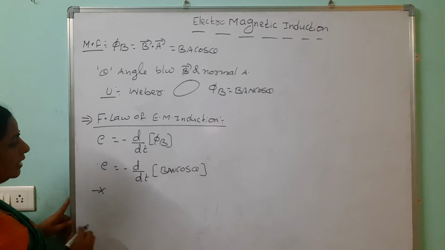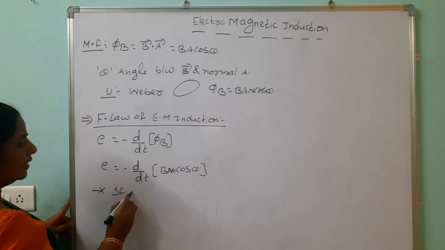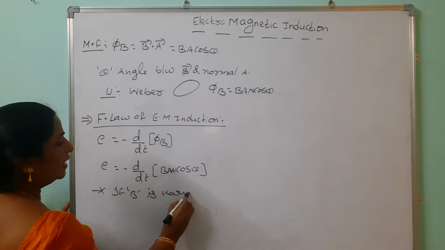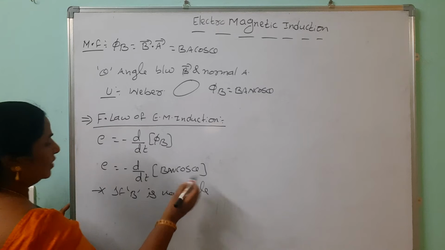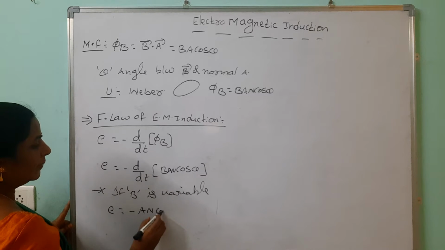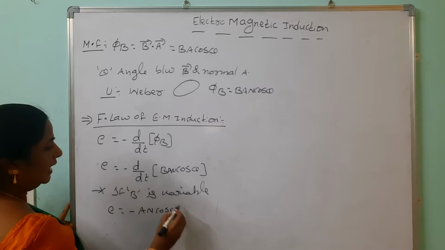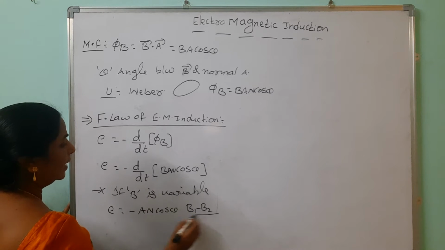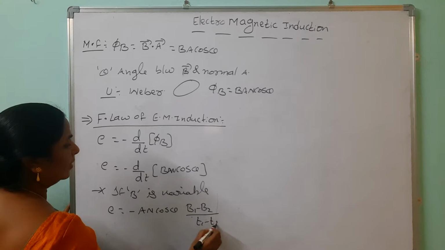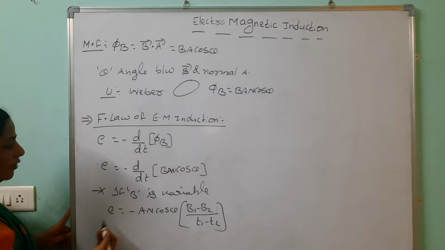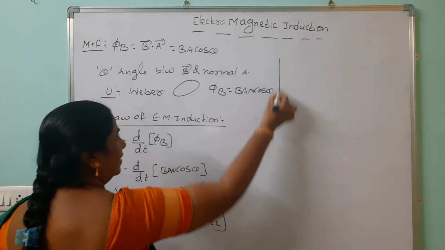Here there are different applications. Look here, if B is variable, remaining all we take as constant. So E equals minus AN cos theta times dB by dt, otherwise it can be written as (B1 minus B2) by (T1 minus T2). Like that we can find the electromotive force when B is variable.